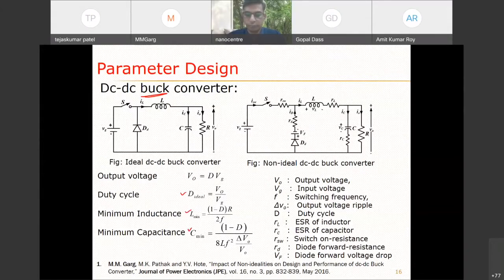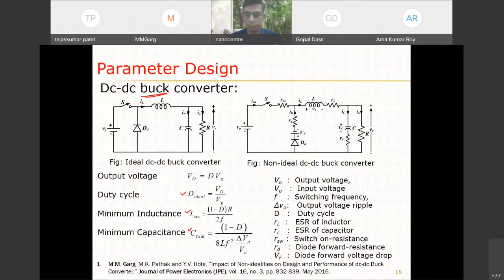If we talk about the design, the ideal converter, we all know, is given in books. I'm taking the example of a buck converter here. This is simply a DC to DC buck converter. In the ideal analysis, we all know the output voltage, the ideal duty cycle, and how to choose the inductor and capacitor values.